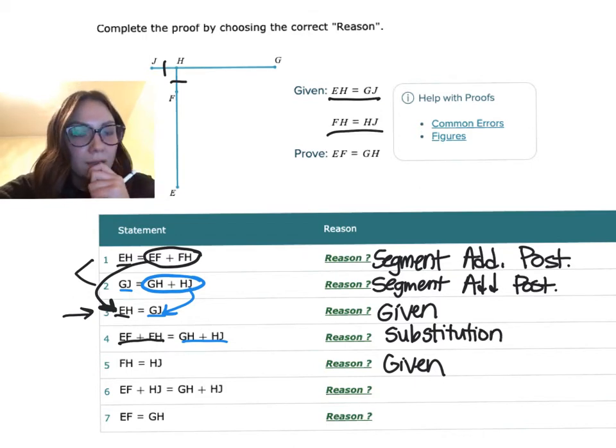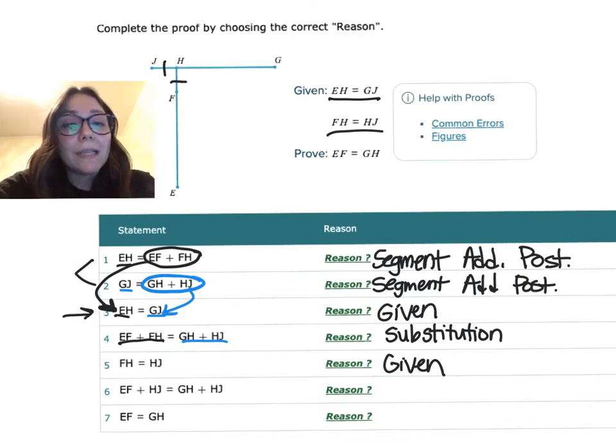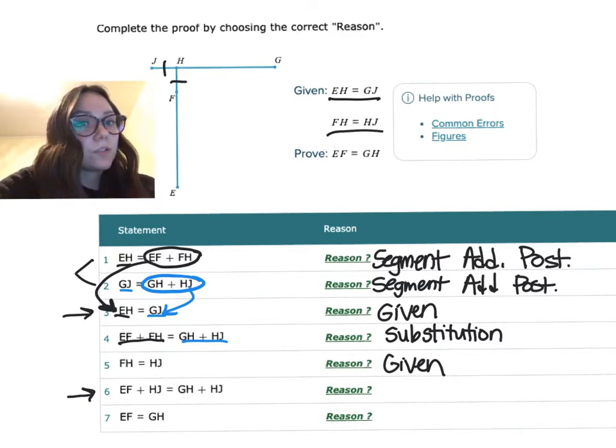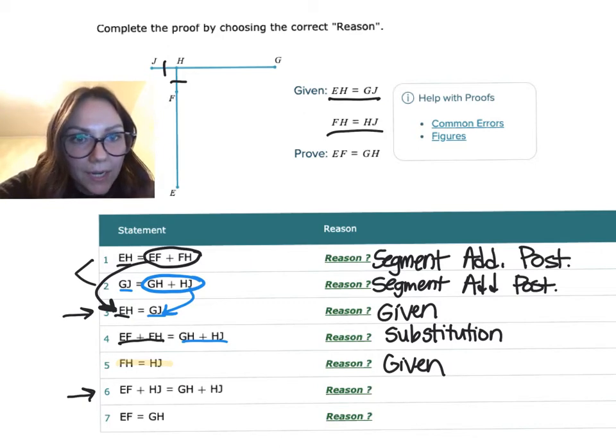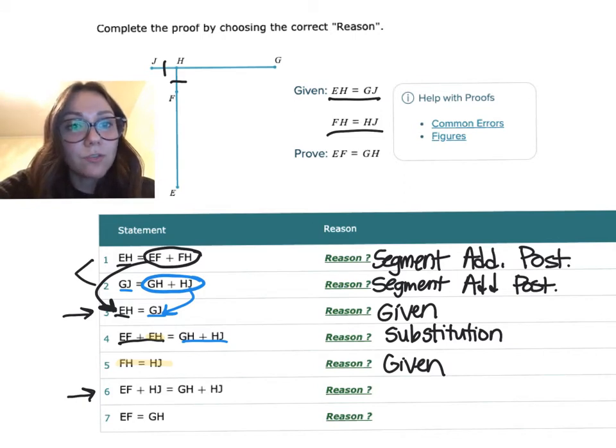All right. Then once again, they bring in the other given. So to get statement 6, what they did is once again substituted. I'll show you, I'll try to highlight FH equals HJ. Okay, I'm just going to highlight that. So instead of writing FH, they replaced its equivalent statement HJ.